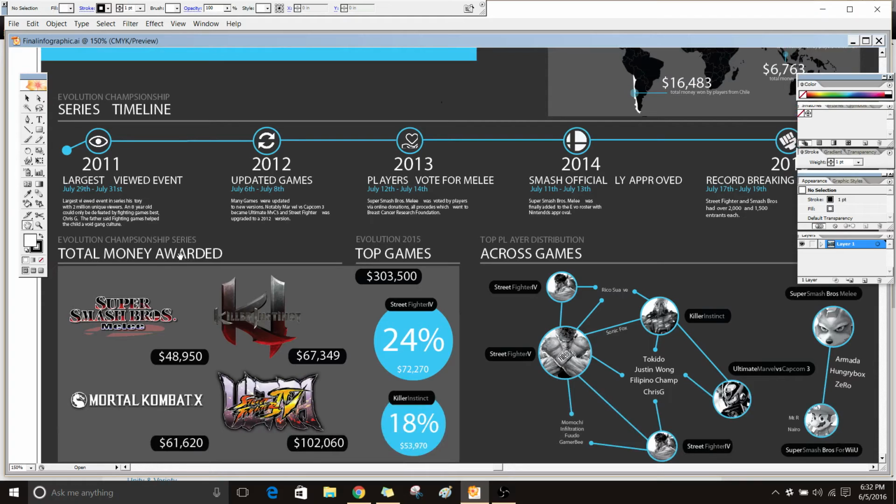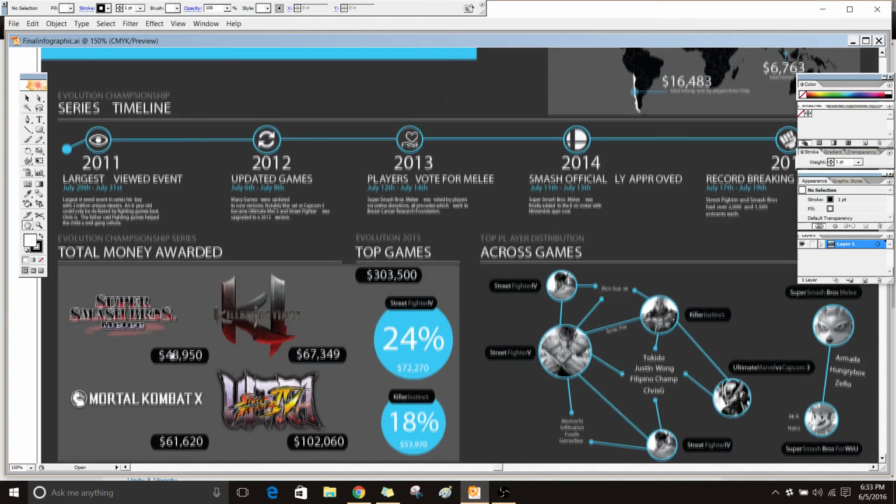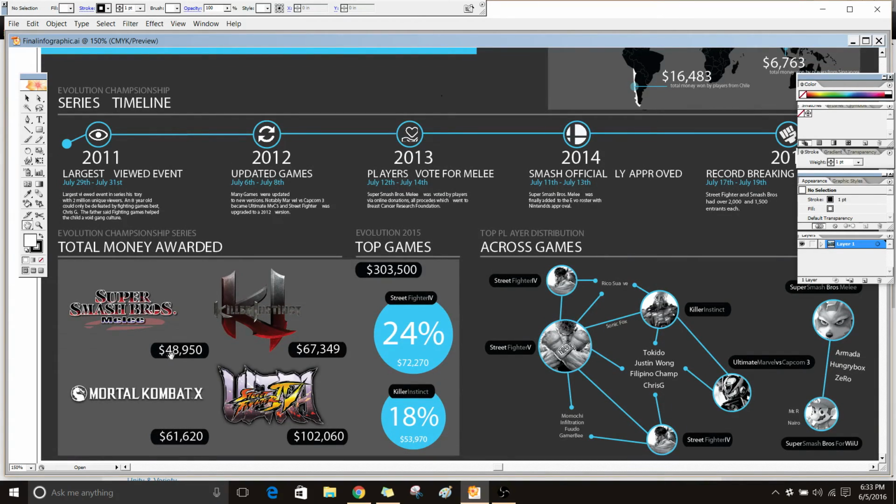Evolution Championship Series, total money awarded. So what this is trying to show is that for this game, for example, Super Smash Bros. Melee, the total amount of money that this game has given out is $48,950. Ultra Street Fighter 4, or just Street Fighter in general, has given out $102,060.